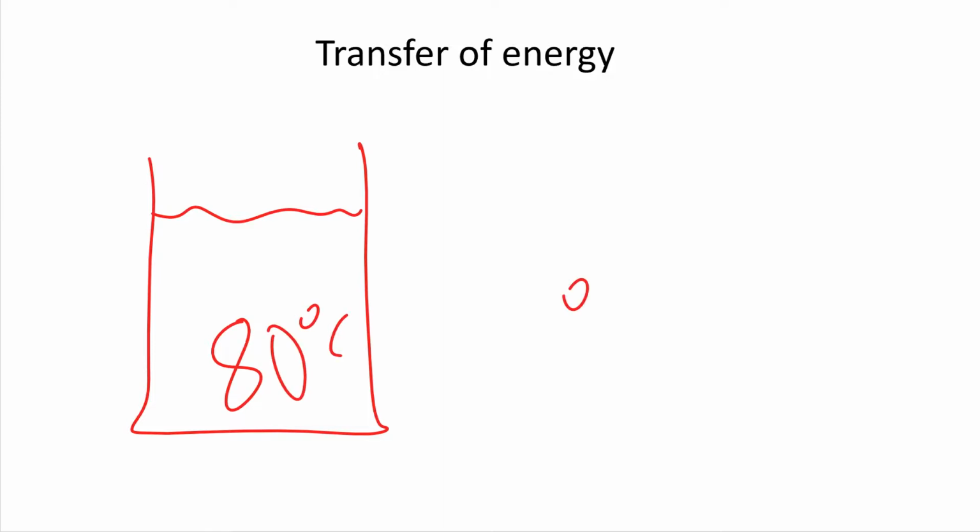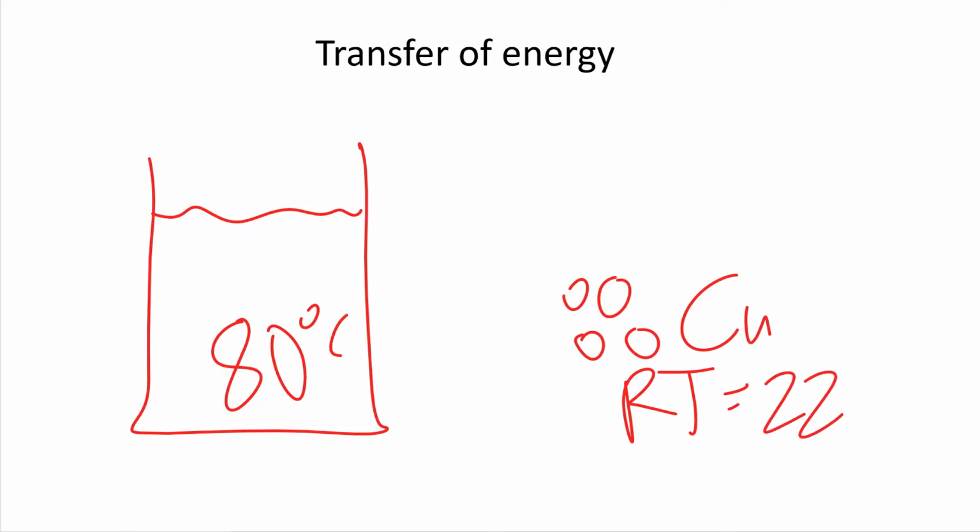And you took some pieces of metal, maybe copper, at room temperature, which is around 22 degrees Celsius. And then you put the copper into the hot water, and you noticed that the water became cooler, right?